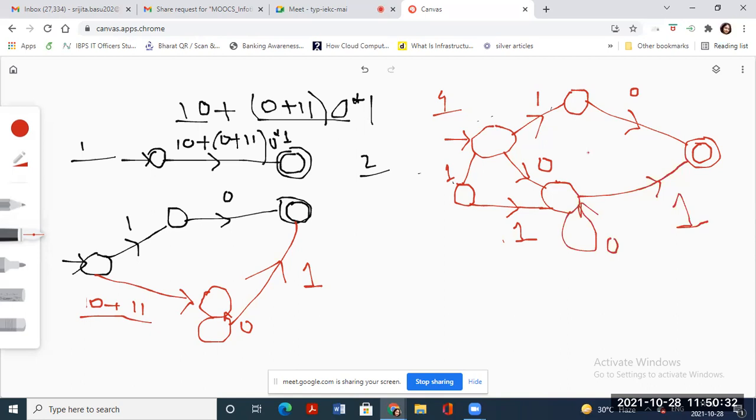If in the question it is mentioned to convert the regular expression into a corresponding automaton, this is done and complete. But if it is explicitly mentioned to convert the NFA to a DFA, then after this step you have to follow another final step where you convert the NFA into a DFA.